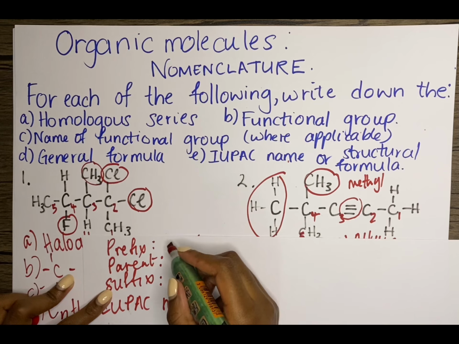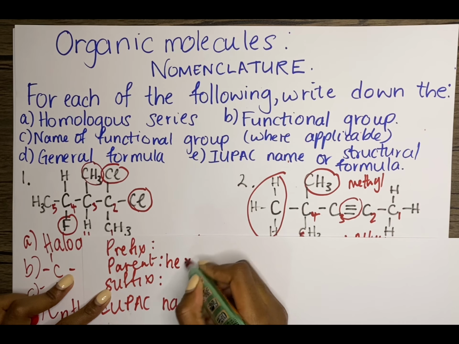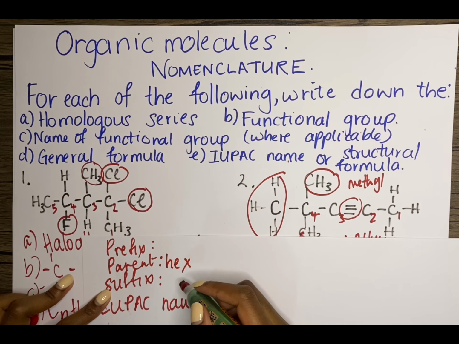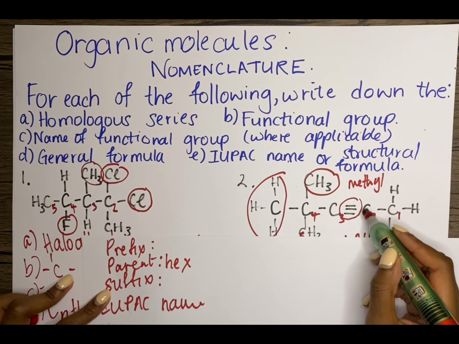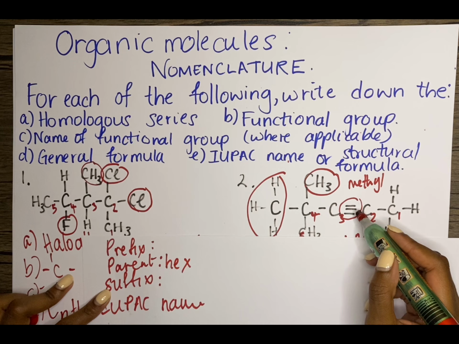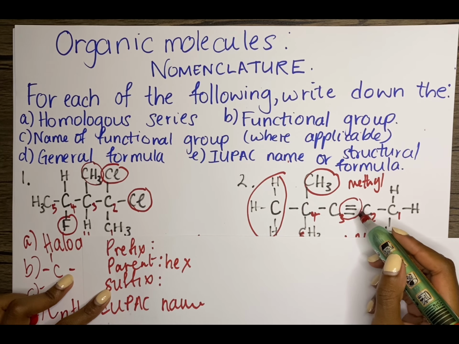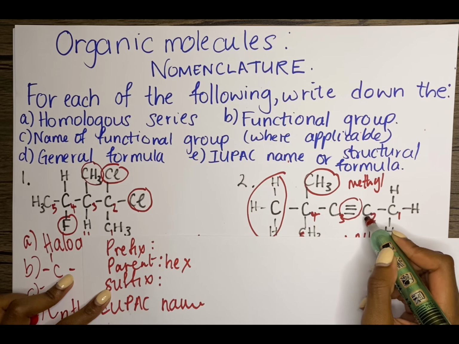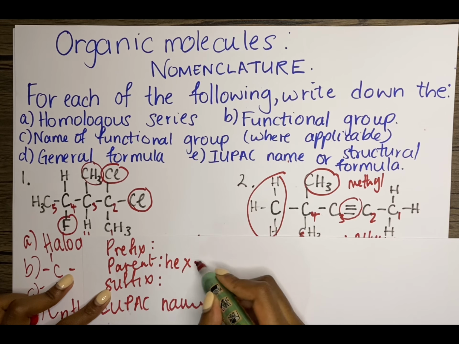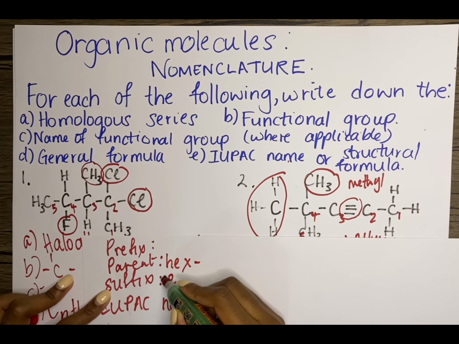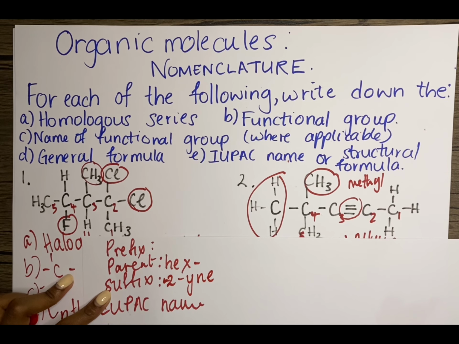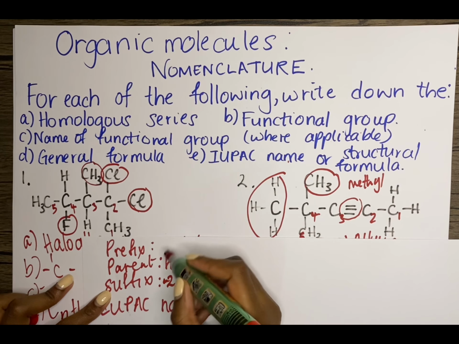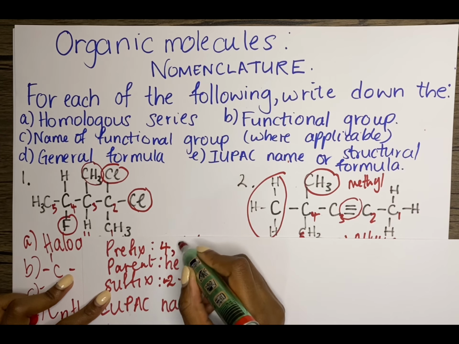Your longest chain is hex, 6, and your suffix is, you've got an alkyne. Your suffix is basically your functional group. So it's an alkyne in position 2.